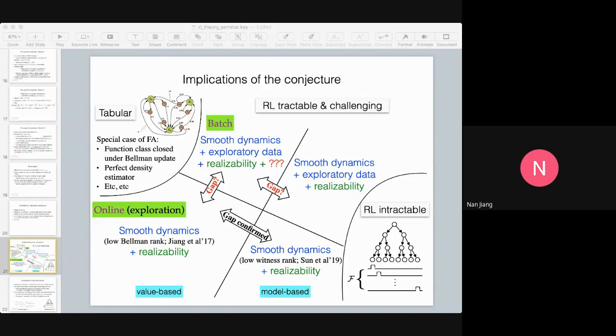Because model-based RL gets model realizability, which is in some sense much stronger than just value realizability. But I would argue that if you think in the information-theoretic way, these realizability assumptions are in some sense what it means to have value-based and model-based algorithms.